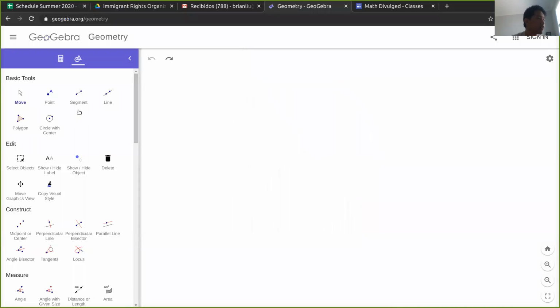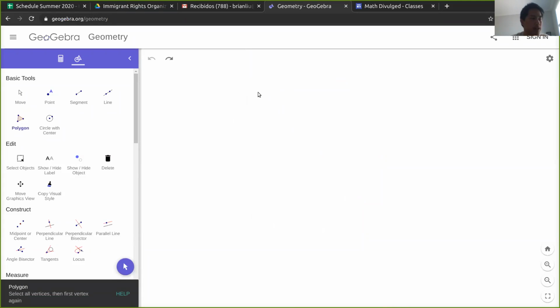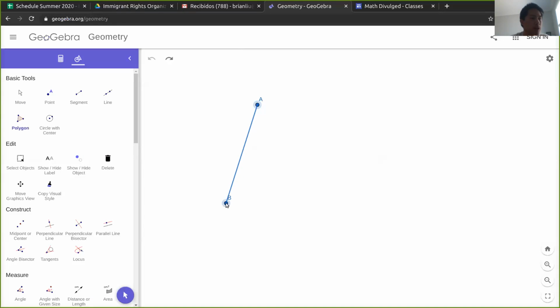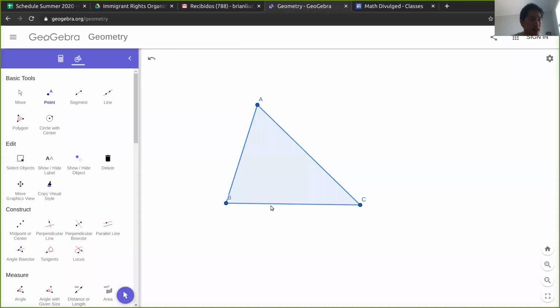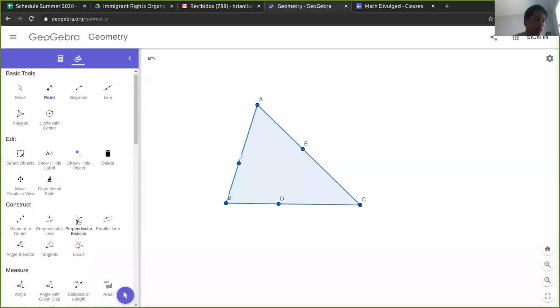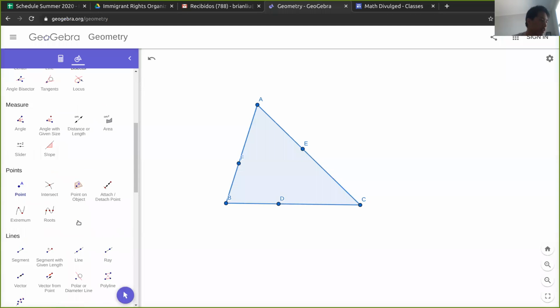Okay, and now time for a problem. So why are cyclic quadrilaterals useful? Or basically just a fun thing with cyclic quadrilaterals, but let's start with a triangle ABC, and then let's put some random points on the sides, D, E, and F. Okay, these don't have to do anything with ABC in particular.